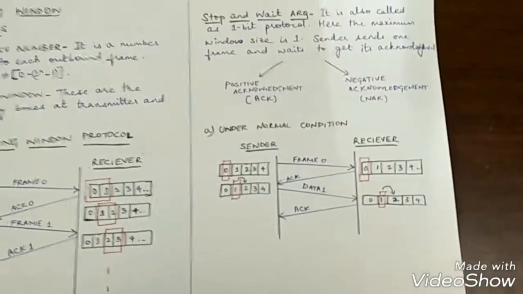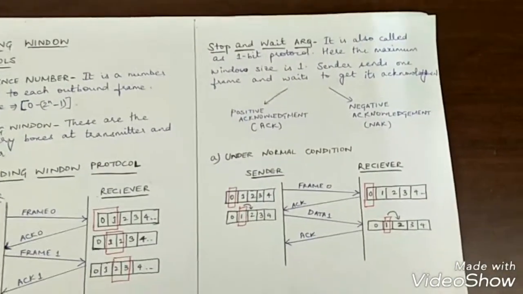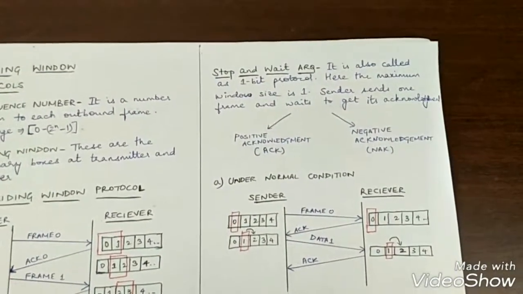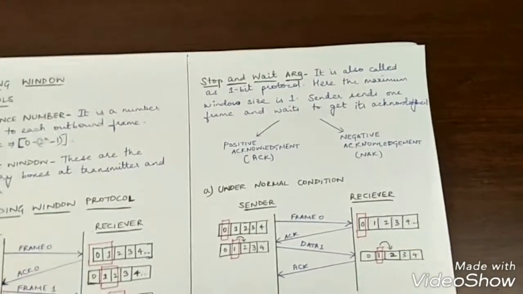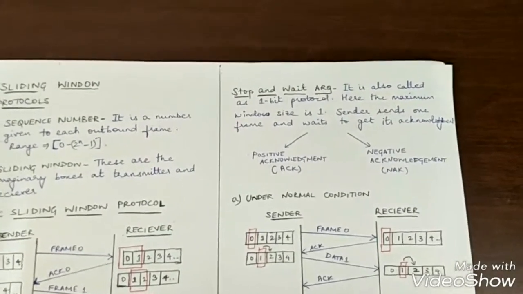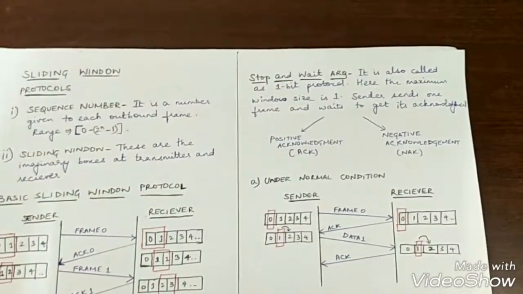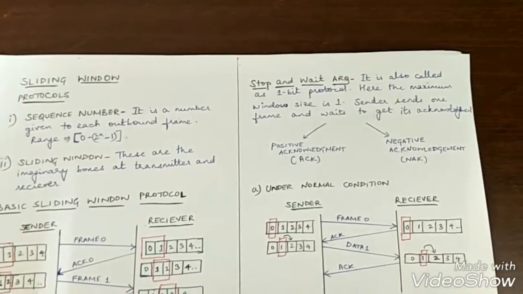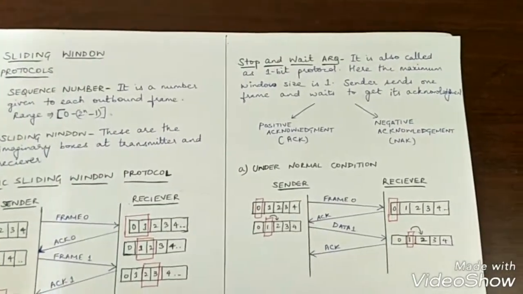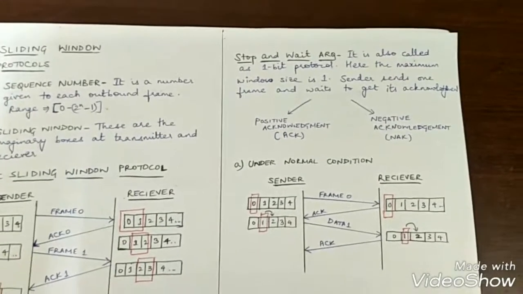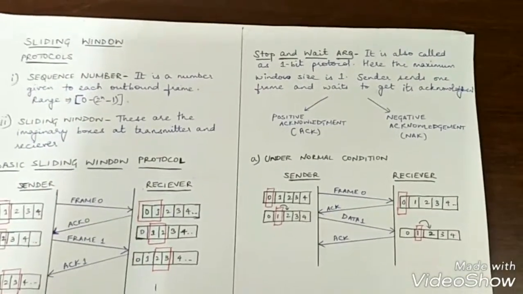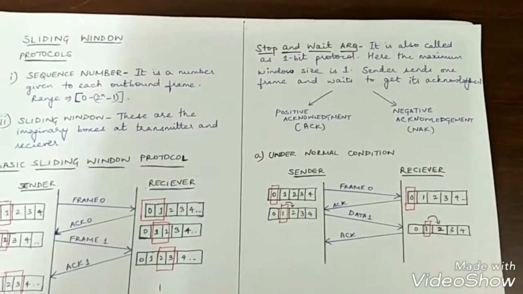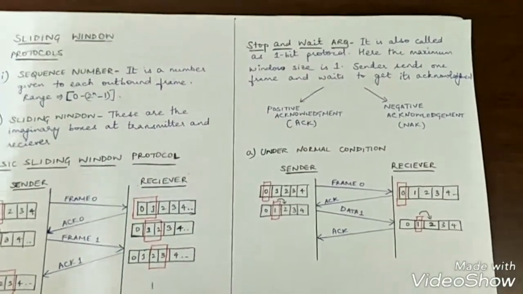Now here the frame 0 is sent, and once it is received the receiver sends an acknowledgement, which means that the next frame is transmitted and the sliding window will be shifted in the right direction. And once the acknowledgement is received by the sender, the receiver's sliding window will also shift to the right by one position.